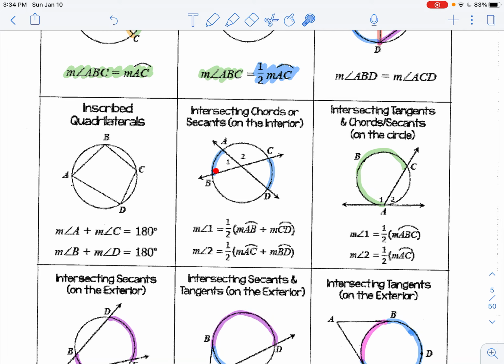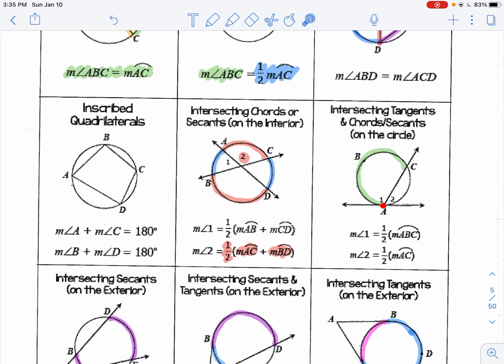So if I take the measure of arc AB in blue, add it to arc CD, and multiply it by a half, I'll get the measure of this angle. Likewise, if I take the measure of arc AC, add it to arc BD, multiply by a half, I'll get the measure of angle 2.